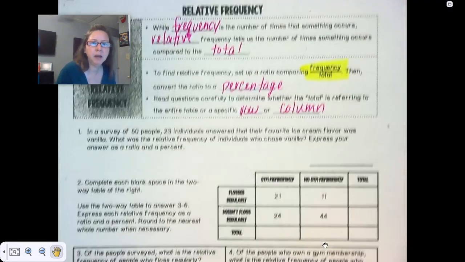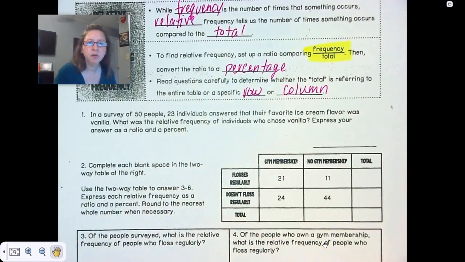Okay, so let's look at number 1. In a survey of 50 people, 23 individuals answered that their favorite ice cream flavor was vanilla. What was the relative frequency of individuals who chose vanilla? Express your answer as a ratio and a percent. So here's what we're going to do.